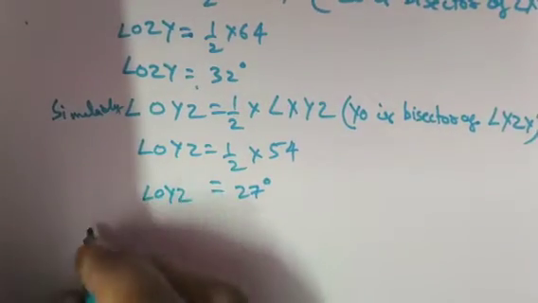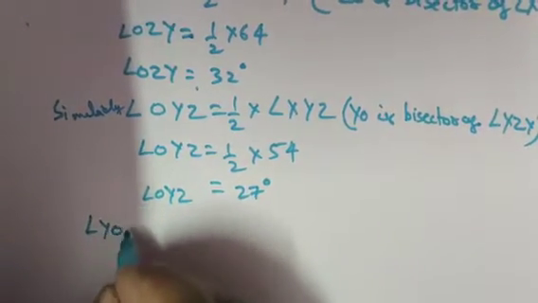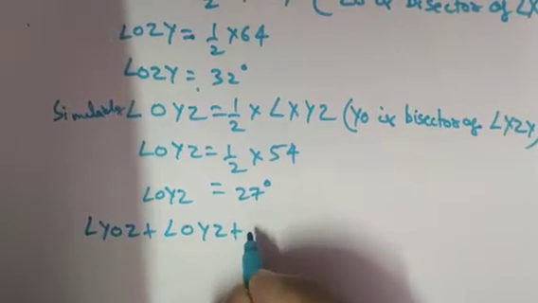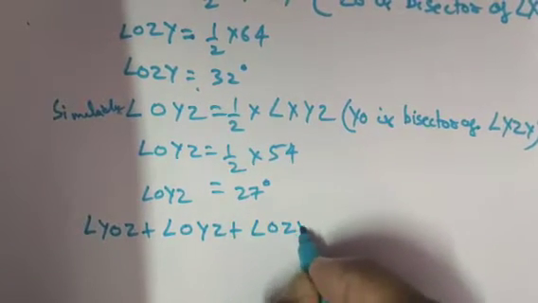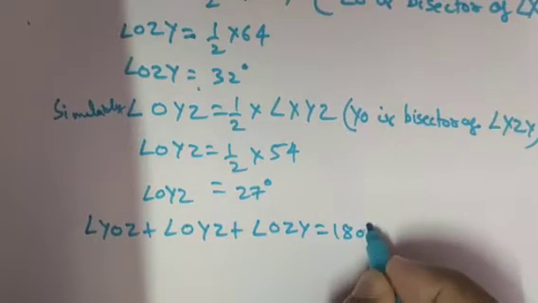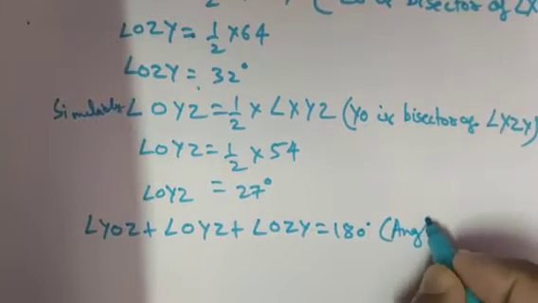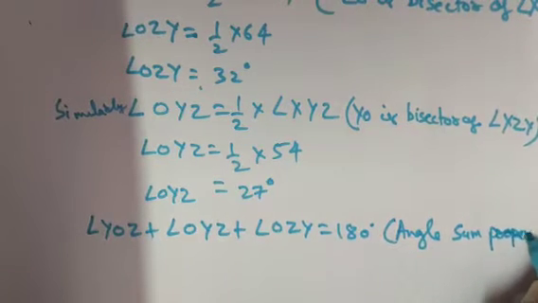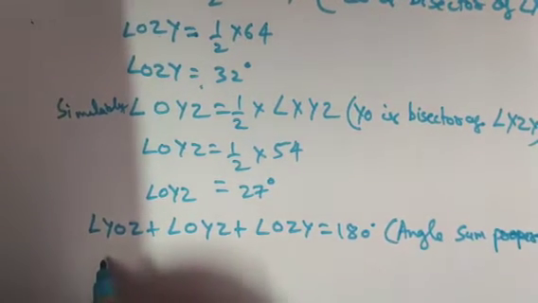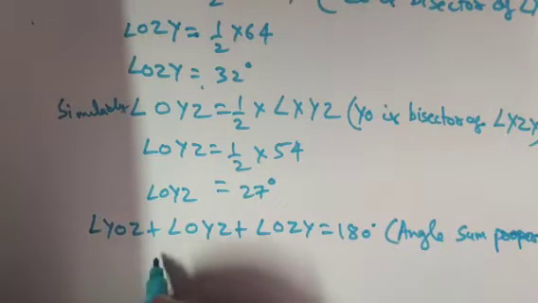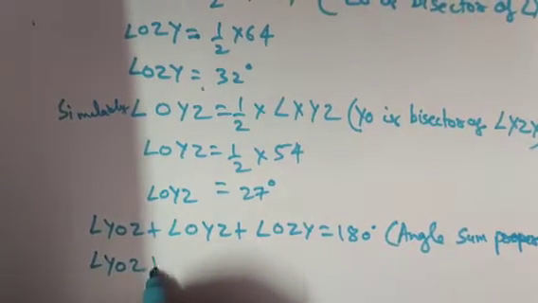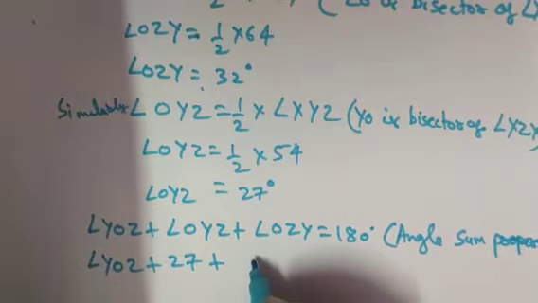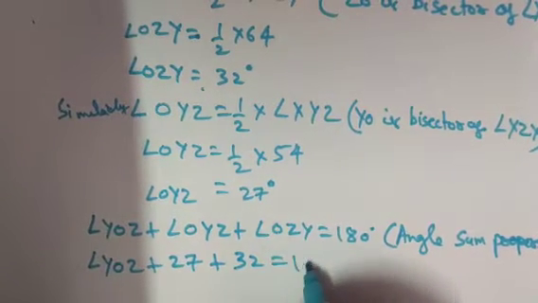So by angle sum property of triangle, angle YOZ plus angle OYZ plus angle OZY equals 180 degrees. So OYZ is 27 plus OZY 32, equals 180.